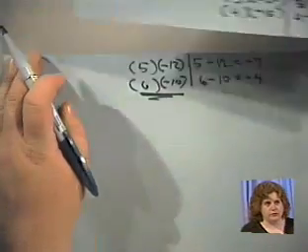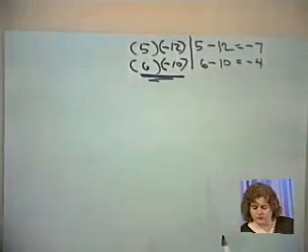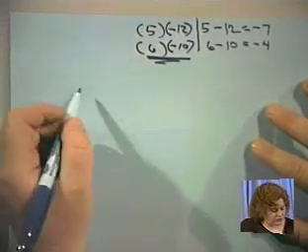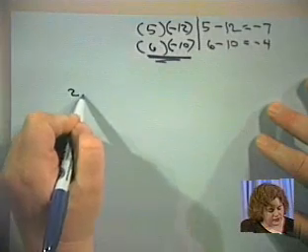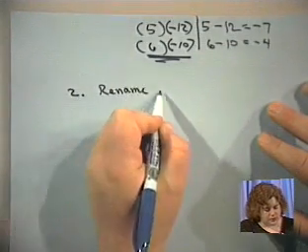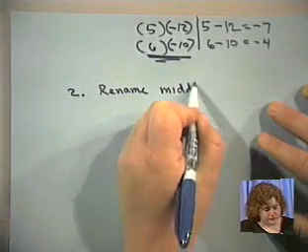Now, instead of jumping to the factored form, we're actually going to have to undo our FOIL all the way. So our second step is to rename. We're going to rename the middle term.